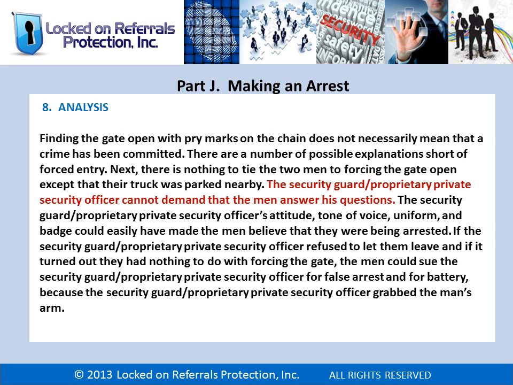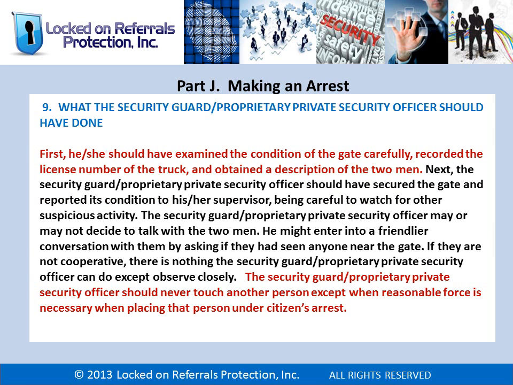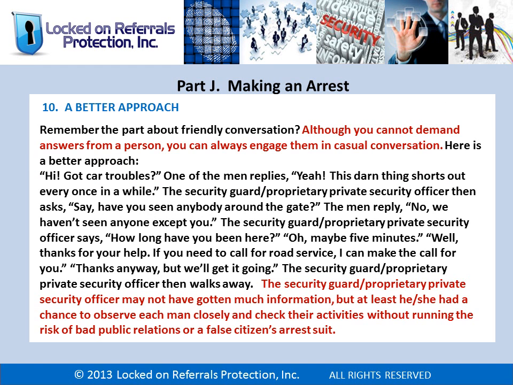Slide 8 reminds us that in your process to obtain information, you cannot demand answers to your questions. Slide 9 suggests what should have been done, and Slide 10 suggests that a better way to approach possible suspects is by casually engaging them in conversation and then performing an interrogation and analysis.